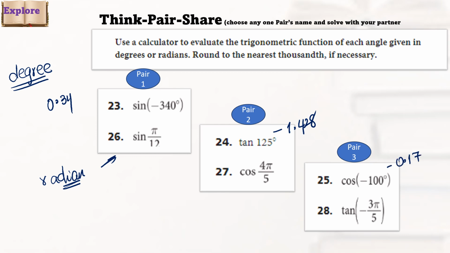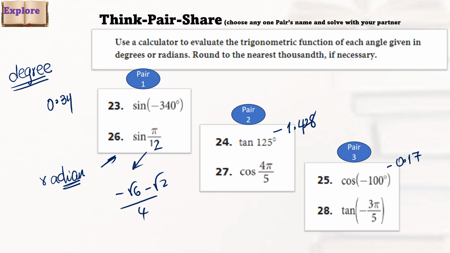Now next question. In order to handle the pi, it's pi by 12, so I have to change my calculator into radian mode. Make sure that you are doing it correctly. So write here sine, and don't forget to write the pi which is already in the calculator. You will get an answer of negative root 6 minus root 2 over 4.